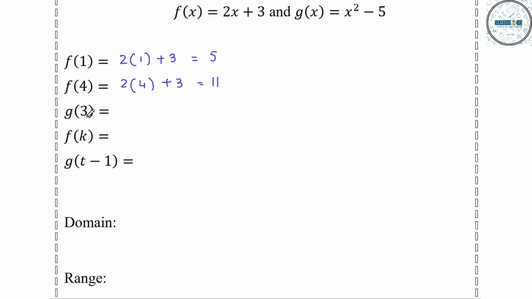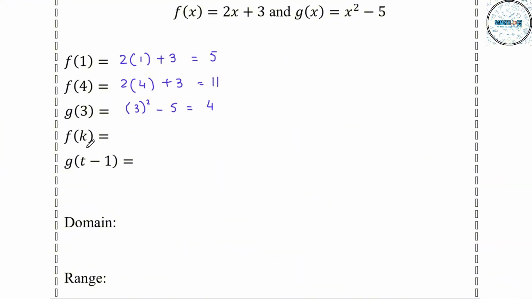G of 3 means we have to substitute 3 in function g. So we have here x squared. So we will substitute 3 in place of x and we will put square on it. Minus 5 is equal to 3 squared is 9 and 9 minus 5 is 4.